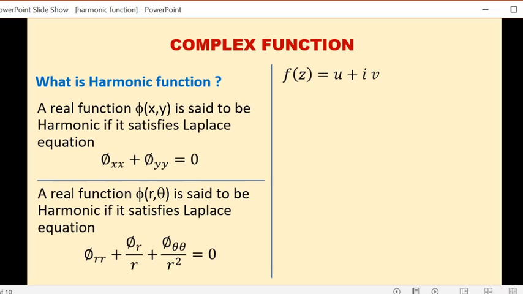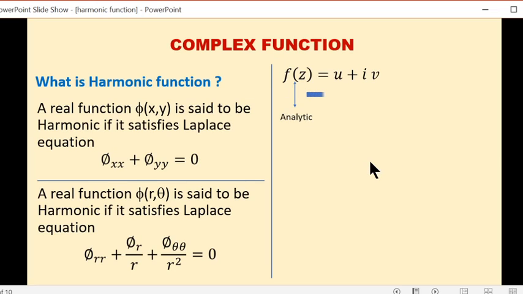If f of z is a complex function, f of z equal to u plus iv, and suppose I tell you that f of z is analytic, what can you say about the function u, which is the real part of f of z? I am telling you f of z is analytic. So what can you say about u? Harmonic. Excellent.